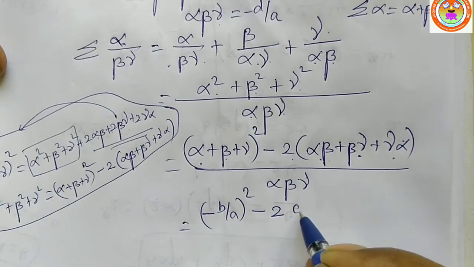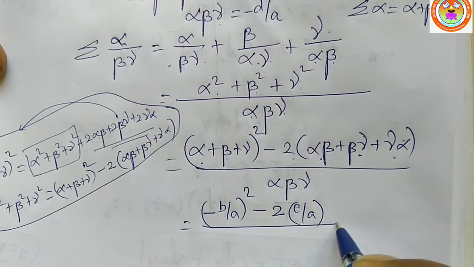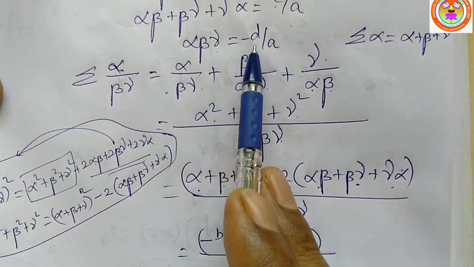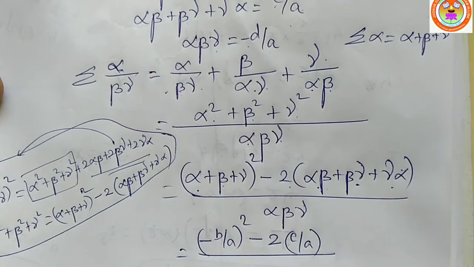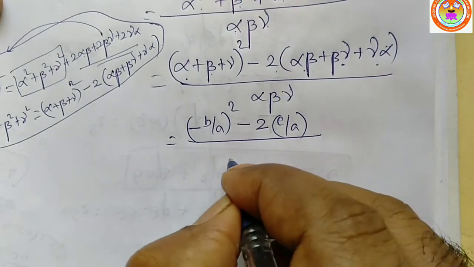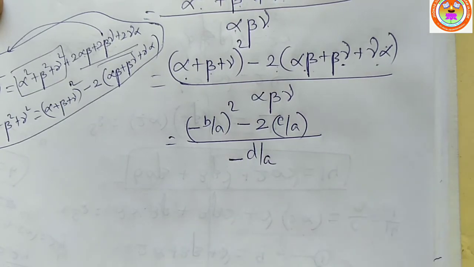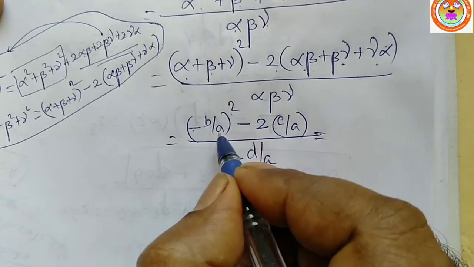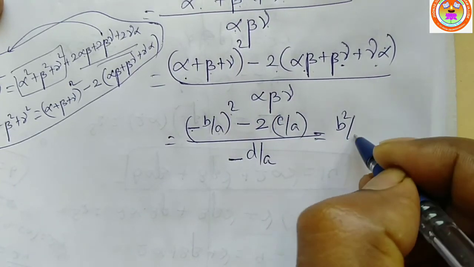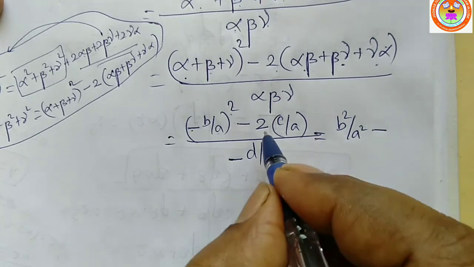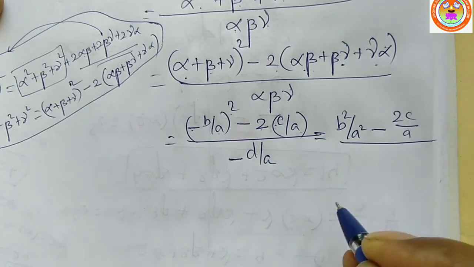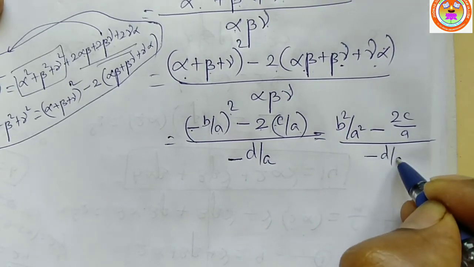So c by a divided by alpha beta gamma. Alpha beta gamma is minus d by a. So minus d by a, that is minus the whole square, that is plus b square by a square minus 2c by a the whole divided by minus d by a.